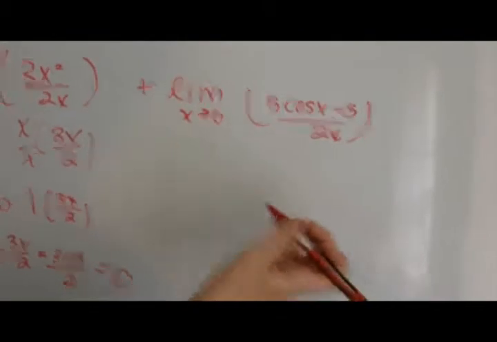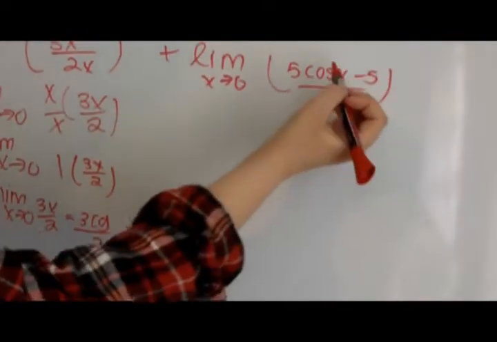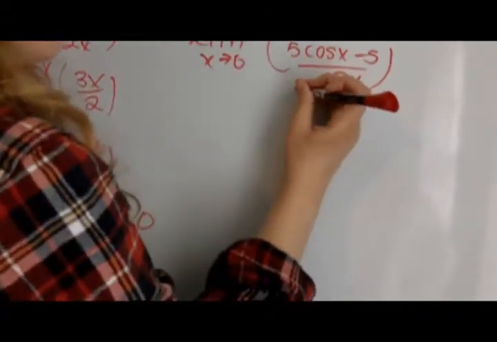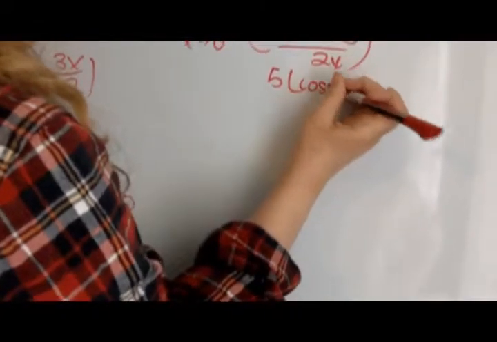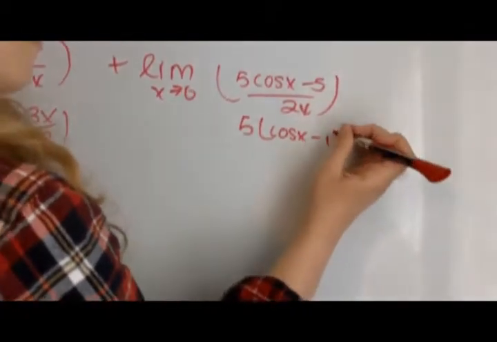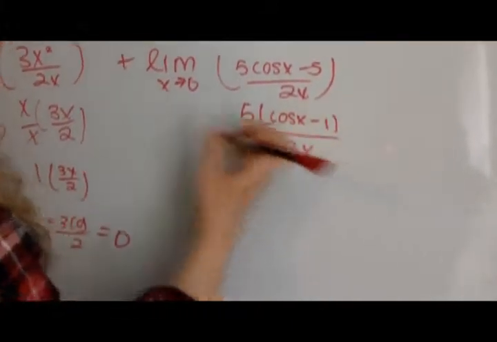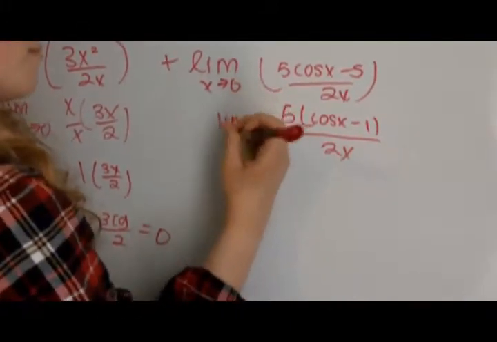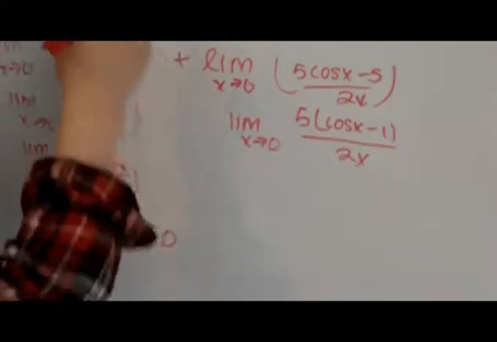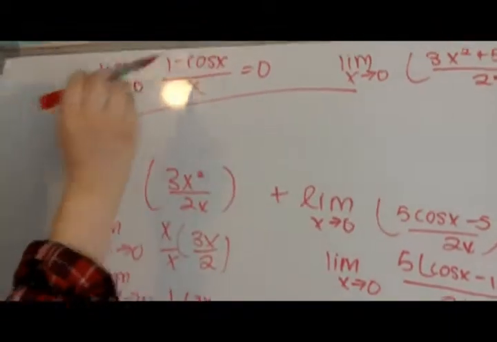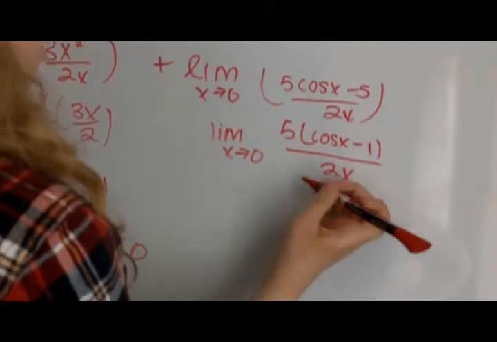Now that we figured out this side, we can work on figuring out the other side. First of all, since the top has 5's in it, you can factor out a 5 from the top. So 5 times (cosine x minus 1) over 2x, and that's still the limit as x approaches 0. Since we already know that 1 minus cosine x over x is equal to 0, you can just factor out the 2 as well.